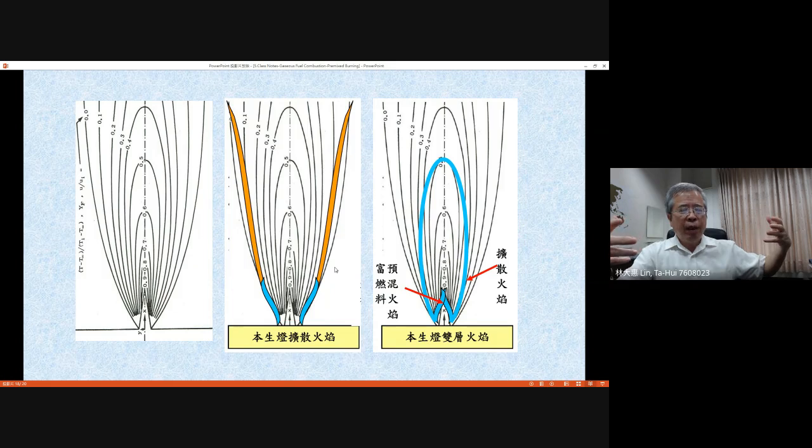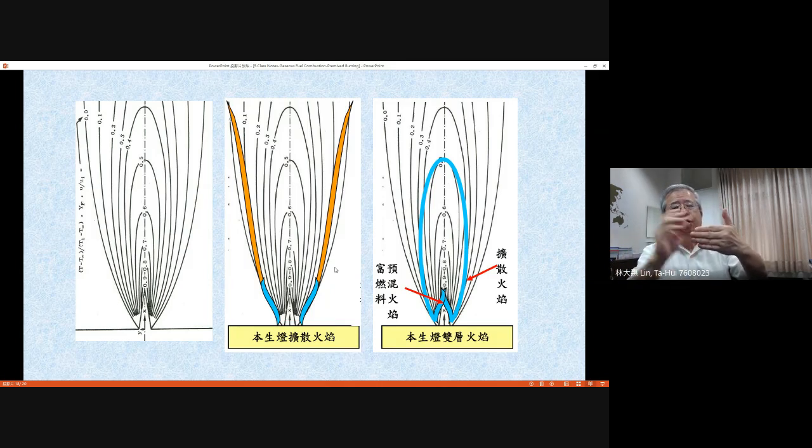For example, in the normal case, we burn the fuel jet in the air environment, then oxygen will diffuse to support your diffusion flame and balance with the diffusion of the fuel from the inner region, right? The diffusion transport balances, then your diffusion flame will sit here.